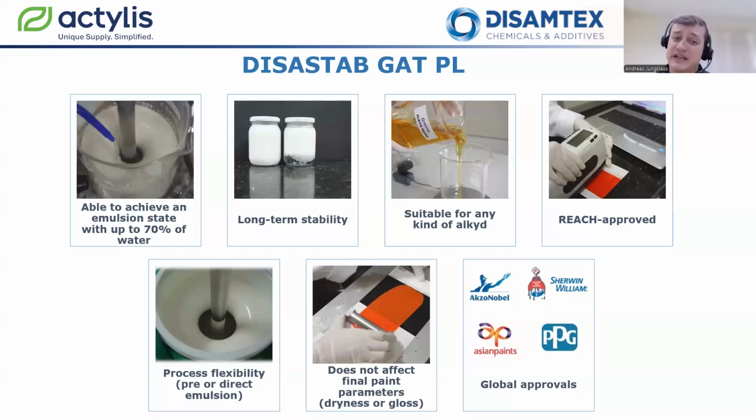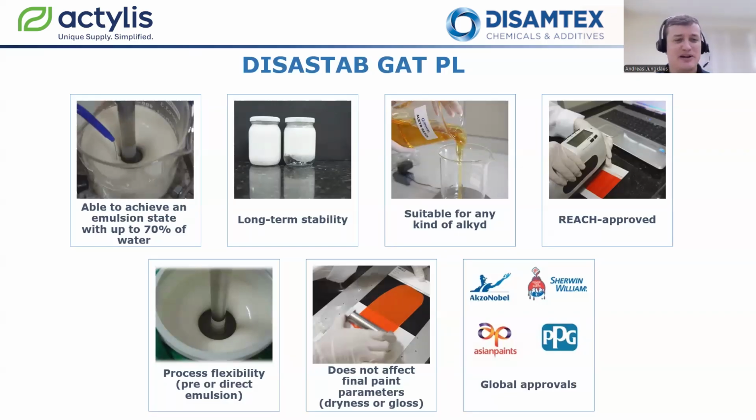And well, number 6 is no negative impact on final paint properties. So it doesn't affect final paint parameters like dryness or gloss. Rather, it maintains the desired appearance and performance characteristics of the final product. And finally, it's globally approved.